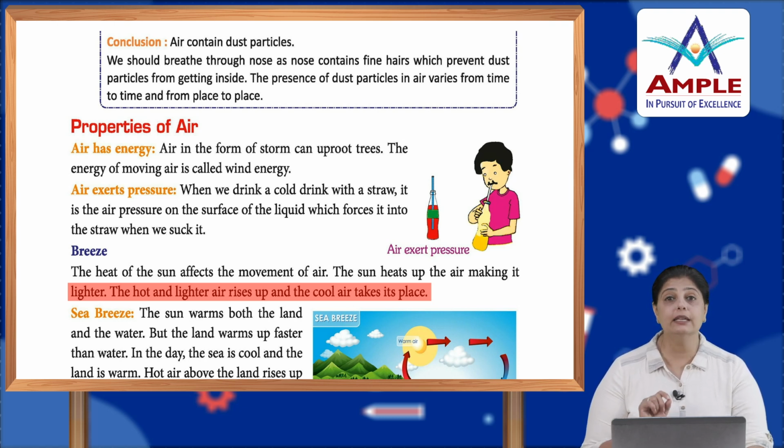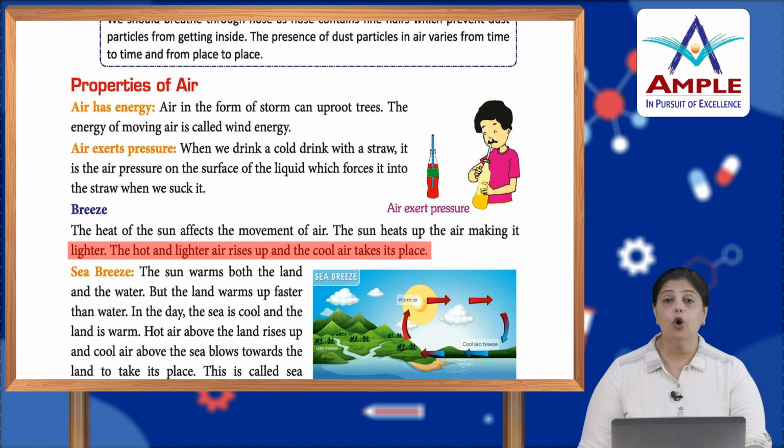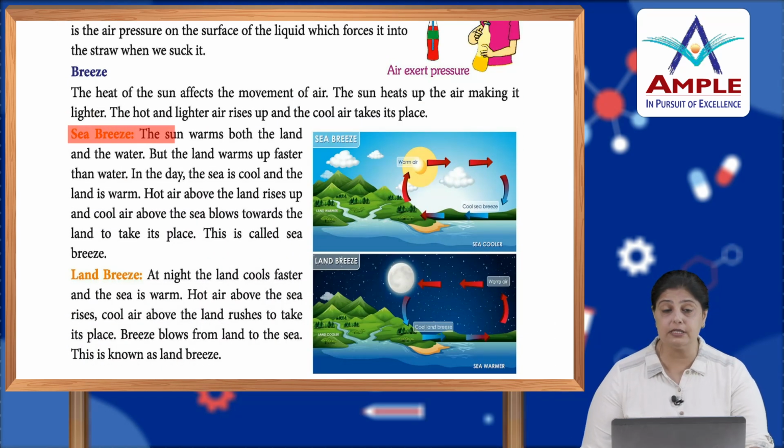Now, there is a difference between sea breeze and land breeze. In sea breeze, the sun warms both land and water, but the land warms up faster than water. In the day, the sea is cool and the land is warm.